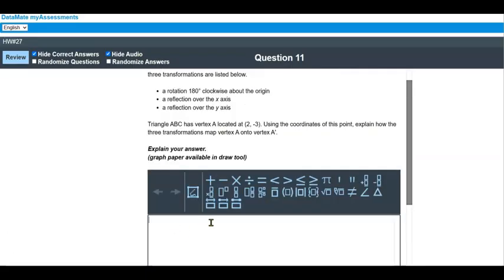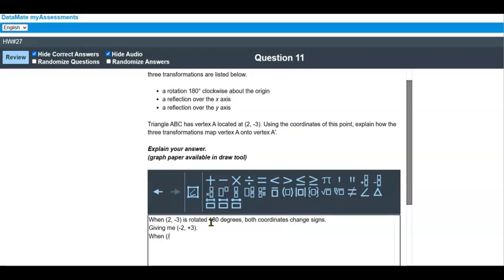So since they ask you to explain, I'm going to type what happens when the point 2, negative 3 is rotated 180 degrees, both coordinates change signs, giving me negative 2, positive 3.